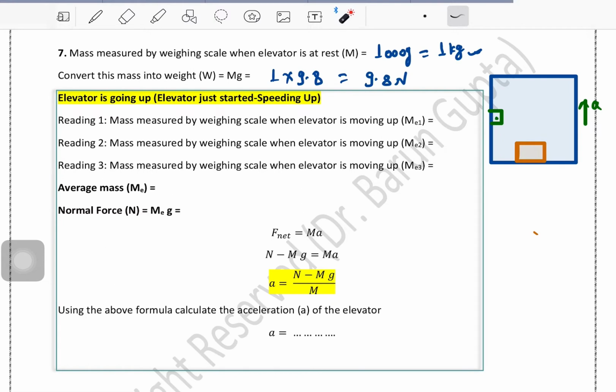So if you have the video, then you will notice the number changes, so you can get the accurate value of it. So when this elevator starts moving, you will see this value here and record that value when the elevator starts moving up, just when you started. Let's say this number is 1100 gram, and if I change into kilogram, it will be 1.1 kilogram.